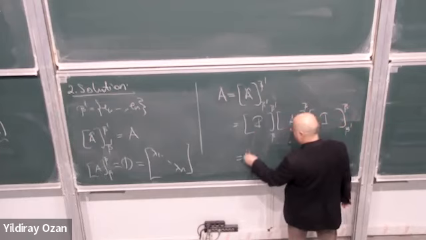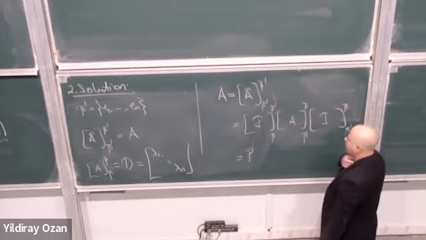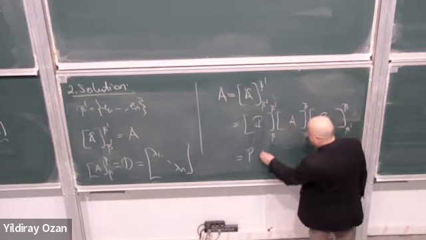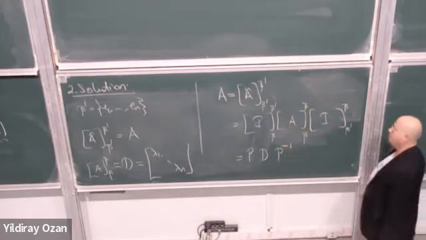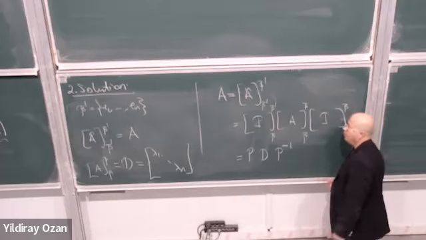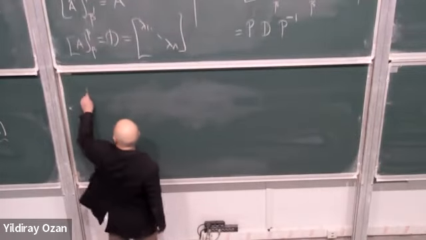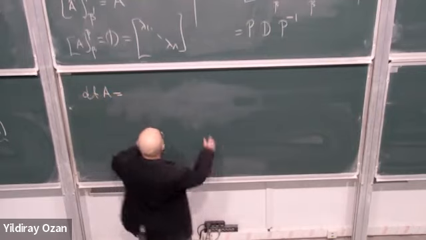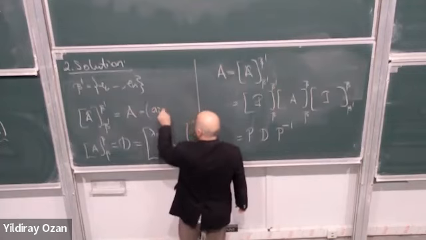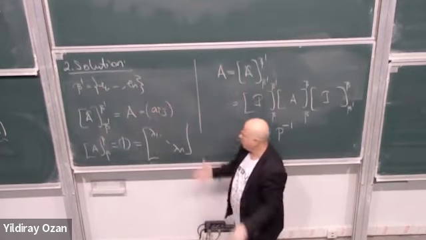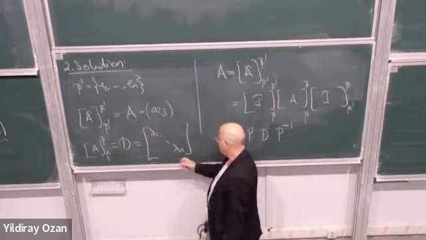So if this is the matrix P, this is just the diagonal matrix D, and this is just the inverse matrix, P inverse. In this case, what would be the determinant of the matrix A? A can be any matrix, not necessarily diagonal. Okay, it's just a matrix. But it is diagonalizable, therefore, in some basis, it is this diagonal matrix.